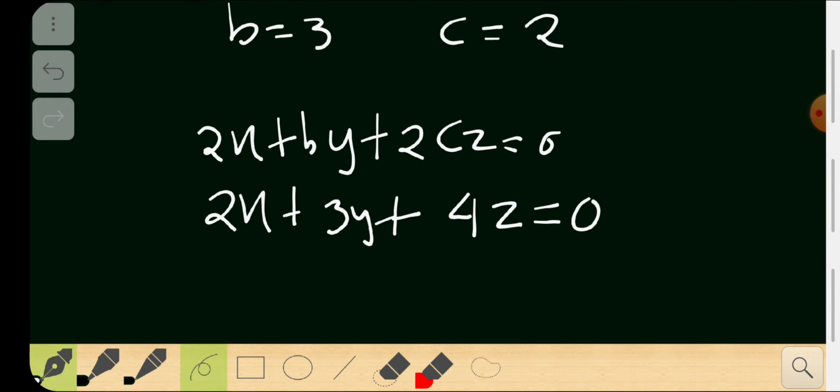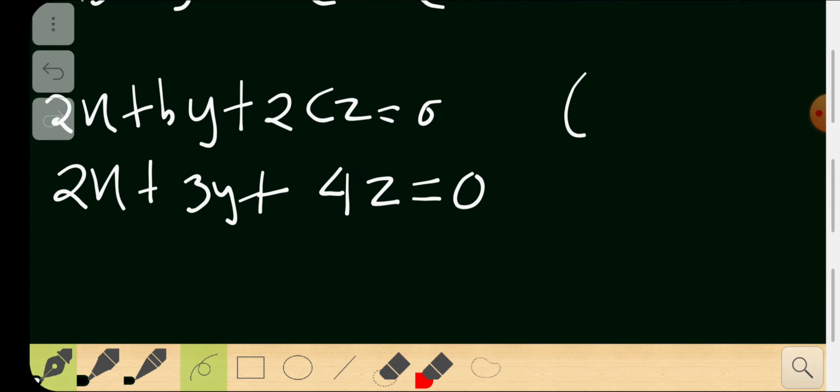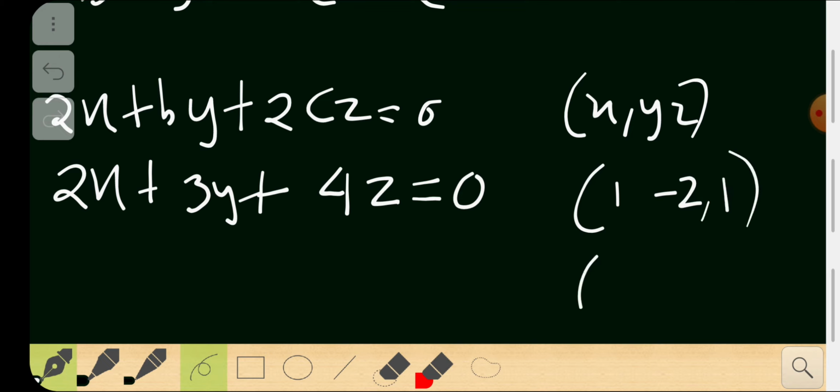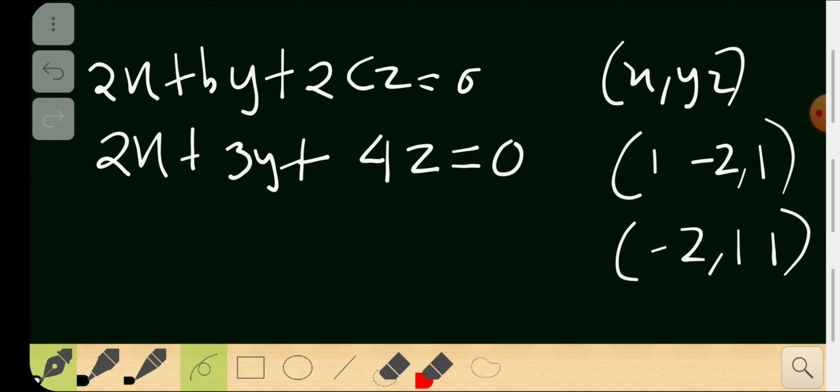Now as you remember, in the options there were different x y z values, like 1 minus 2 1 and also minus 2 1 1. So which one satisfies? You have to check it. We already found out that option D is the right answer, so it was straightforward. But if it was a complicated question, then you have to do this part again. So you substitute that value.